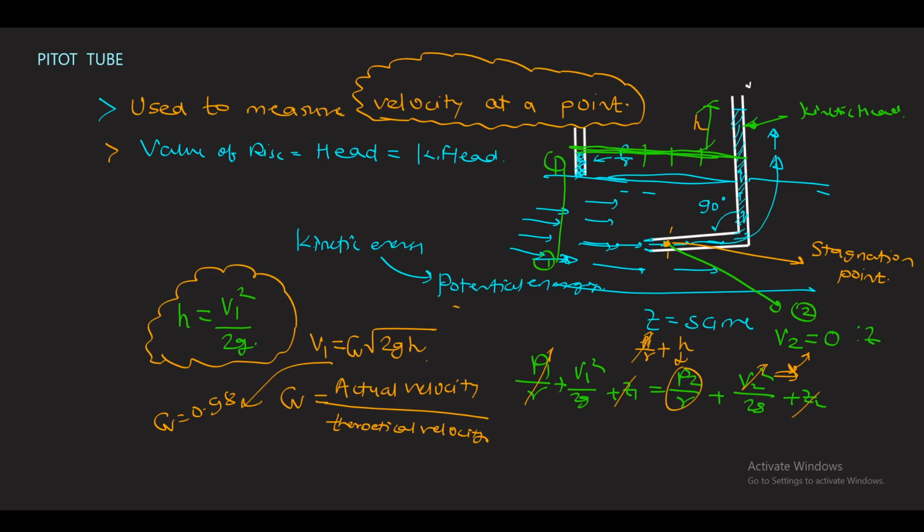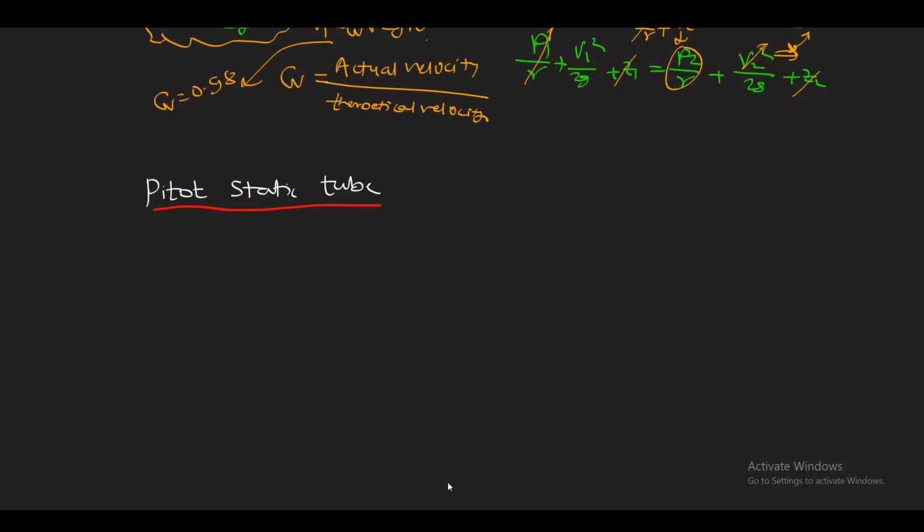Now there is one more important point: the pitot static tube. What is the difference between the pitot tube and the pitot static tube? The pitot static tube is also called the Prandtl tube.